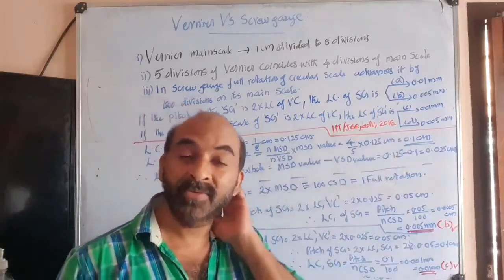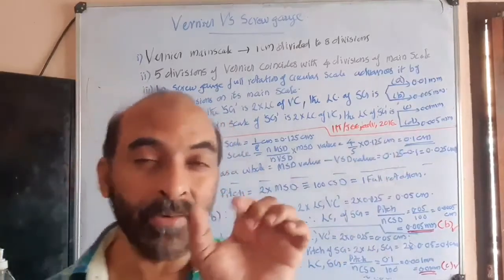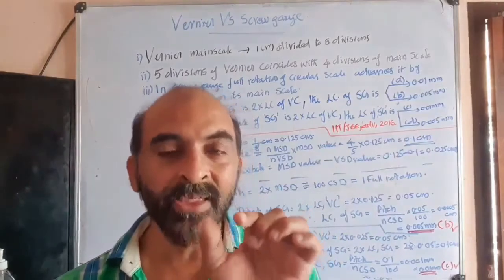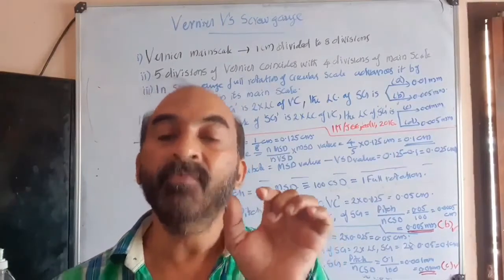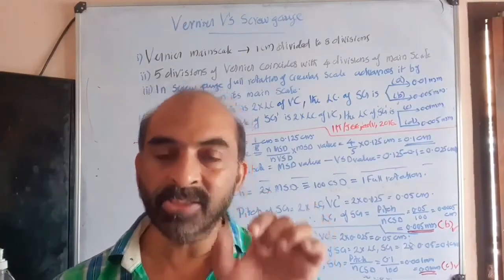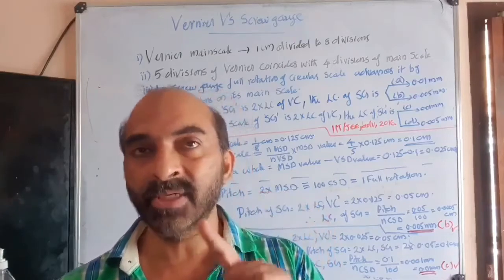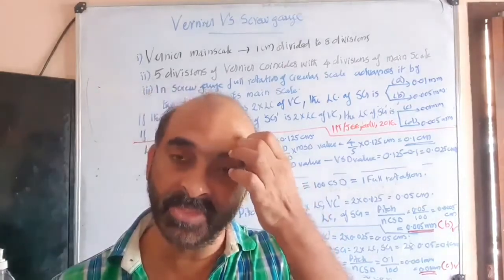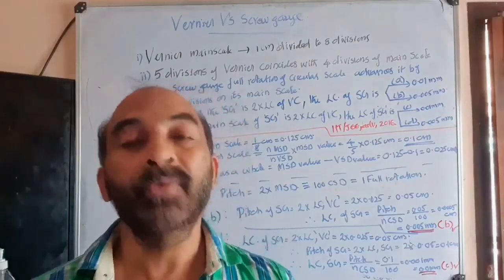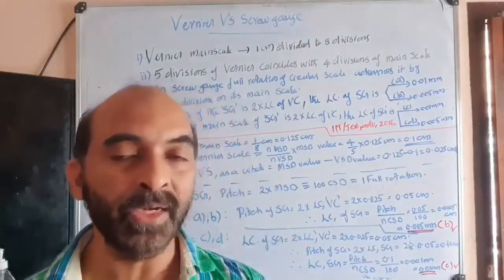So the main scale division length is 0.125 and the vernier scale division length is 0.1. The main scale division is larger than the vernier scale division, so it is a normal vernier calipers, not a retrograde vernier calipers.